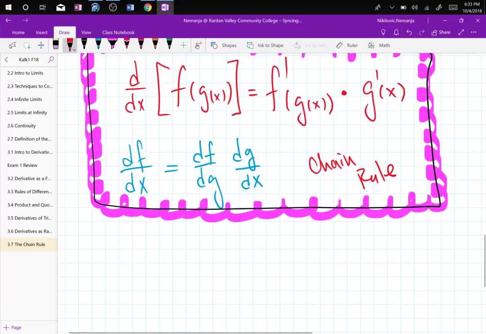Let's take a look at this in action. So say I have to take the derivative, and I'll explain these things as we get there. So d dx of say sine of x squared minus 1.